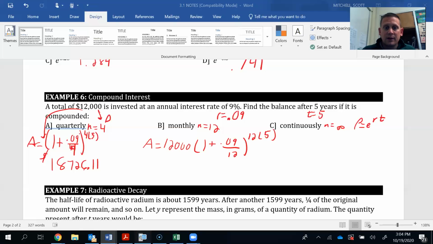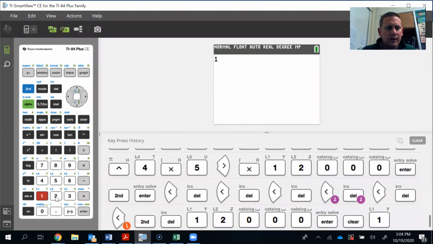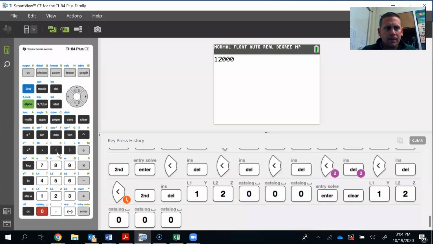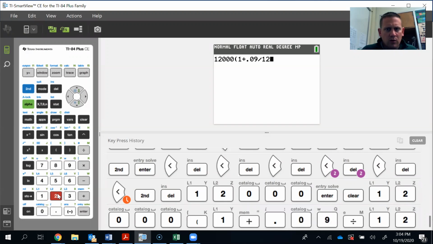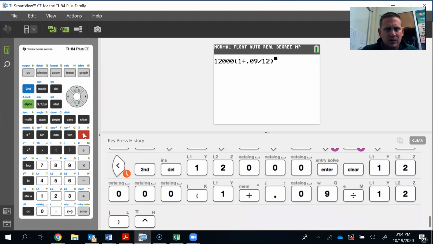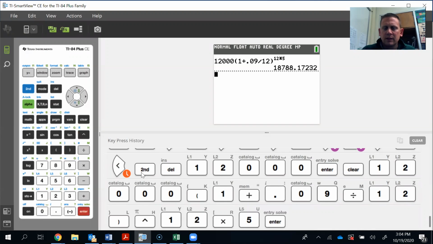So then we type that in our calculator. 12,000 times 1 plus 0.09 divided by 12, and then that is to the power of 12 times 5. $18,788.17.